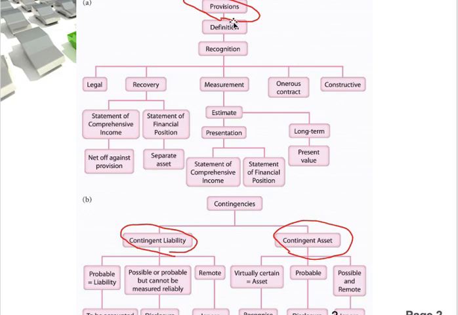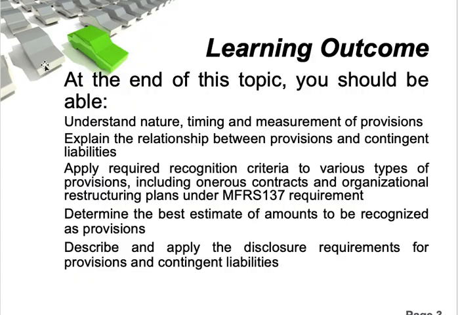So without this MFRS 137, a company that gets a lot of profit may want to show the provision, whereas a company that is getting losses may try to avoid recognizing the provision. So this is the importance of companies complying with MFRS 137, whether or not those items are to be recognized in the financial statement, or they just need to be disclosed in the notes to the account.